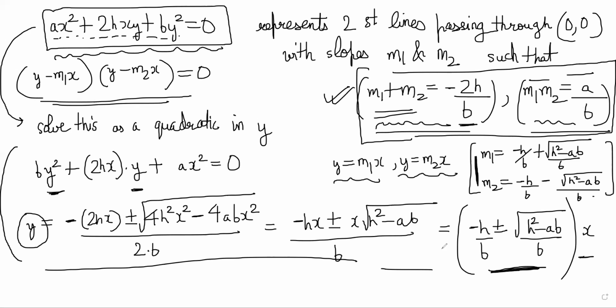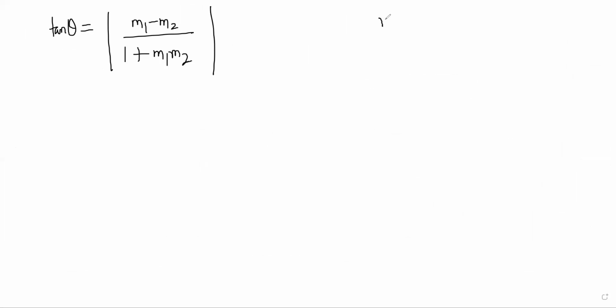One more thing we can find here is the angle between these two straight lines. The angle between them is given by tan theta equal to m1 minus m2 by 1 plus m1 m2. We already know m1 m2 is equal to a by b, and m1 plus m2 is equal to minus 2h by b.